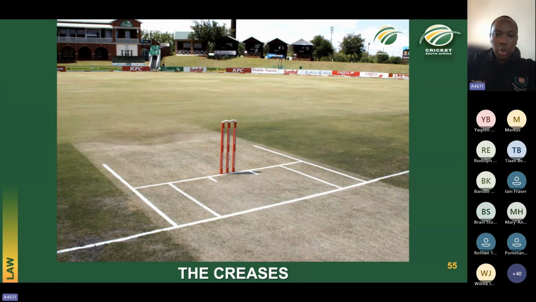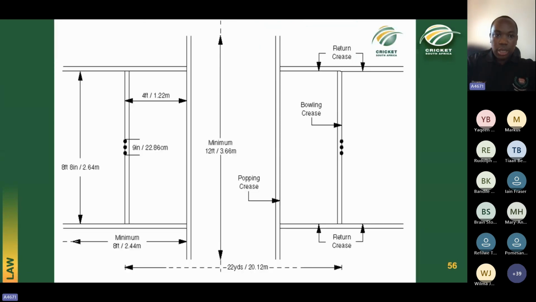So let's move on to which measurements and which names of lines we will need to know for the Cricket South Africa Level 1 exam. We will start at the top right hand of the screen.